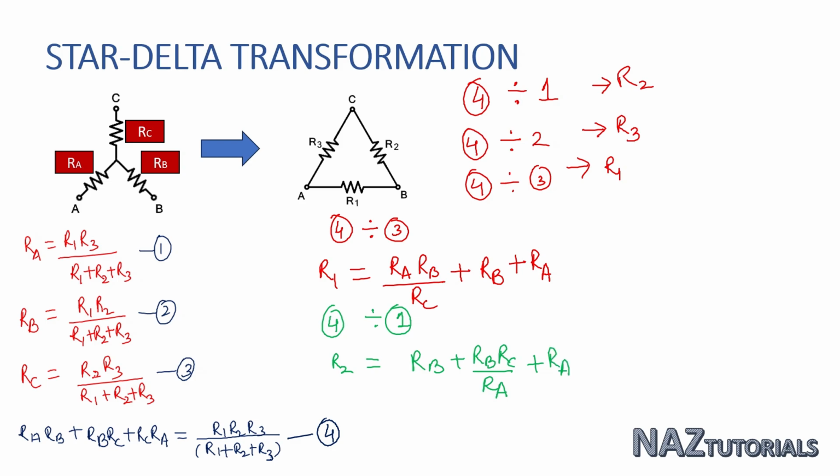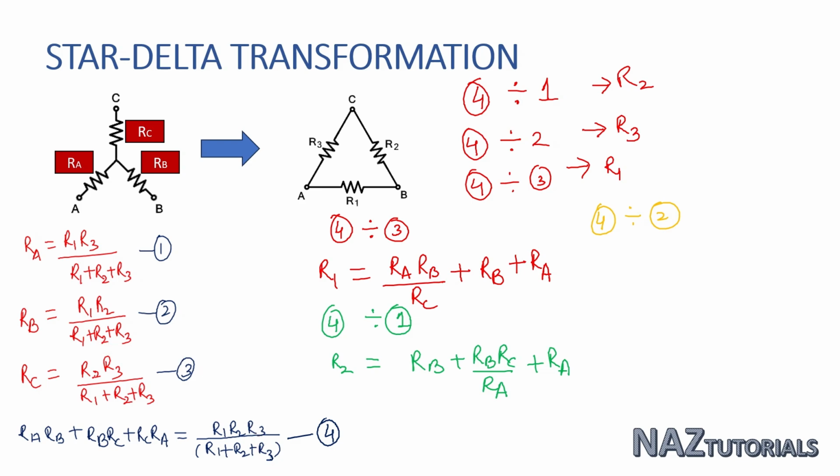Now let's see our last equation, that is 4 divided by 2. From the left hand side, RB is divided in equation 4, and on the right hand side you will get R3.